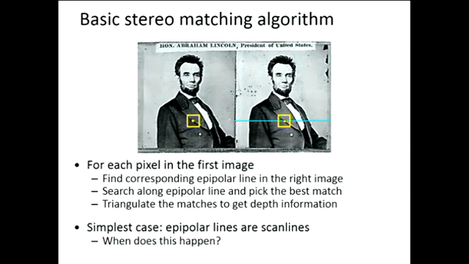What are all the things that have to be true in order for the epipolar lines to be scan lines, which means that the corresponding point will be on the same row in the other image?